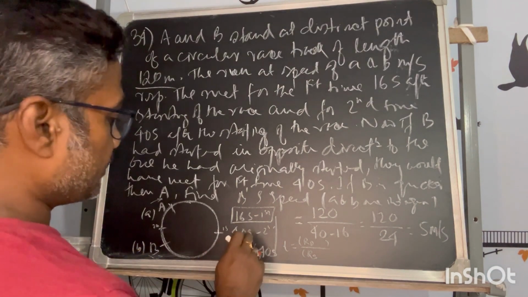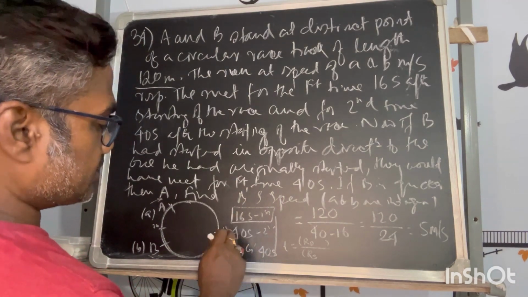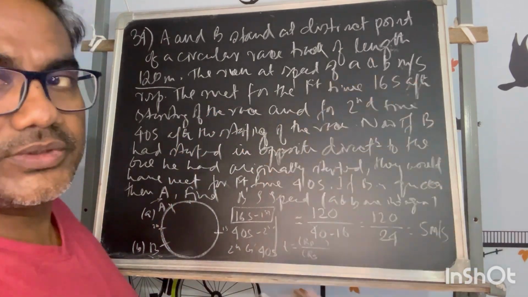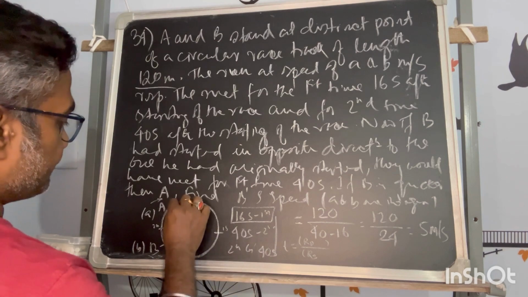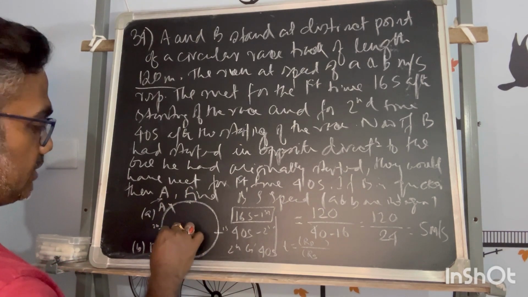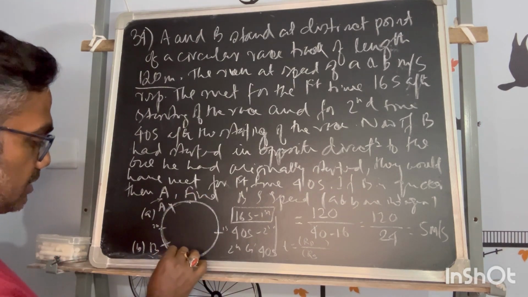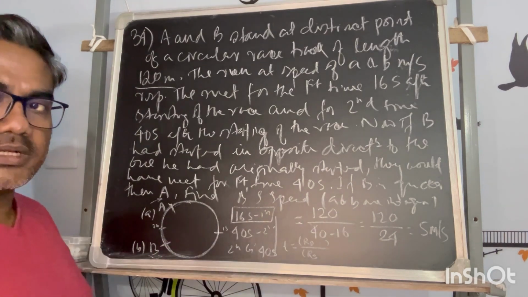Why am I saying this? Between 16 seconds and 40 seconds, in the first case the relative distance they travel is the whole length of the track, whereas in the second case the relative distance is the difference between their initial positions. So either you measure it this way or that way, that cannot be more than a lap of the track.